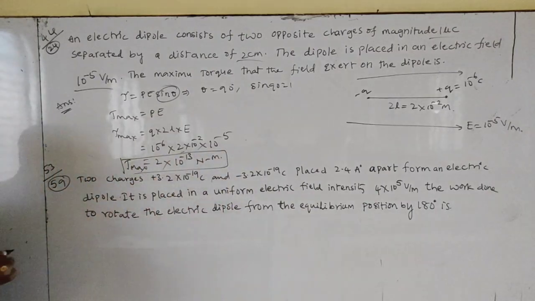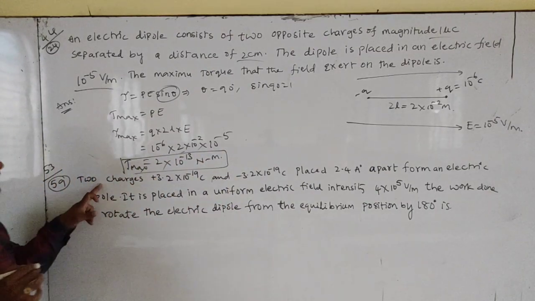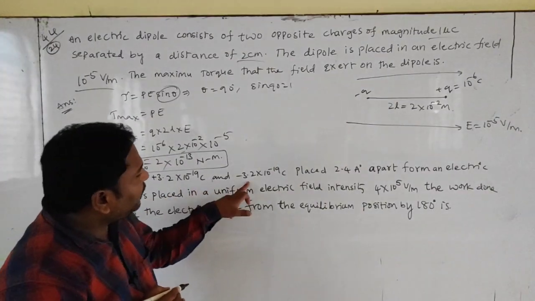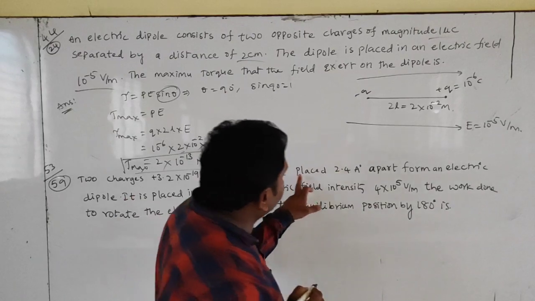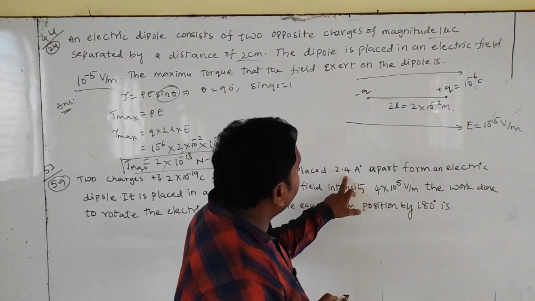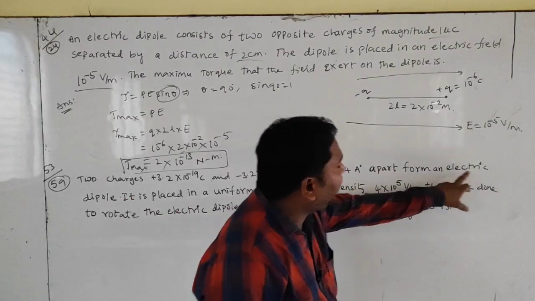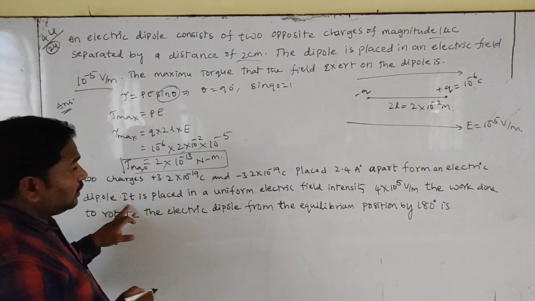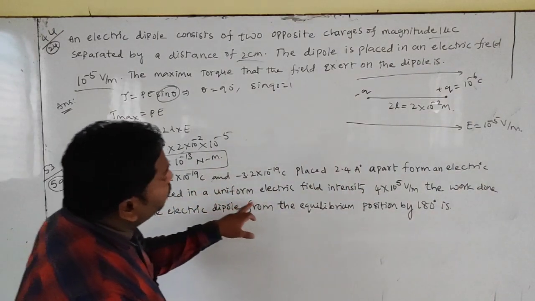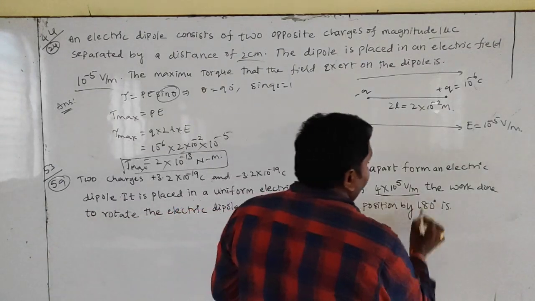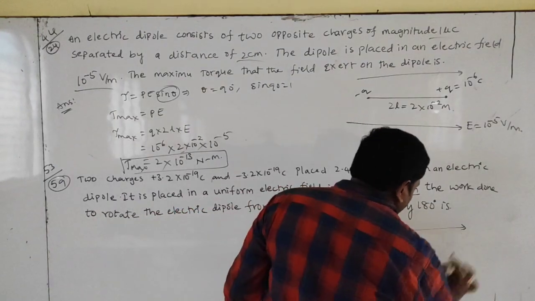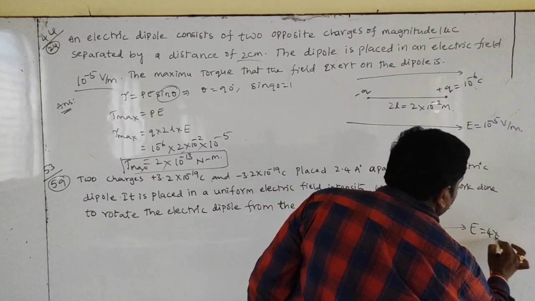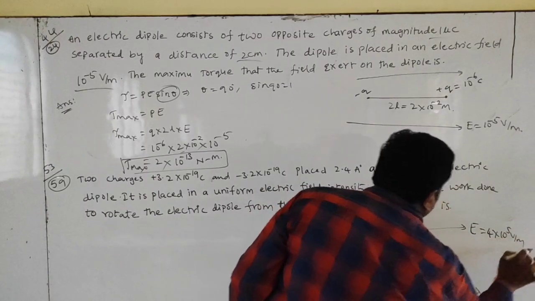Next we are going to discuss this problem. Two charges, plus 3.2 into 10 power minus 19 coulombs and minus 3.2 into 10 power minus 19 coulombs, are placed 2.4 angstroms apart, forming an electric dipole. It is placed in a uniform electric field of intensity E equals 4 into 10 power 5 volt per meter.